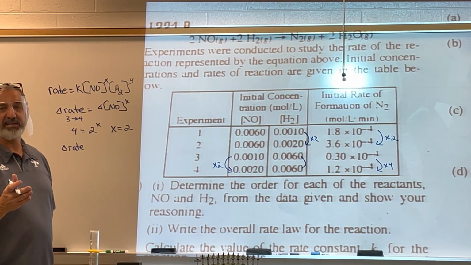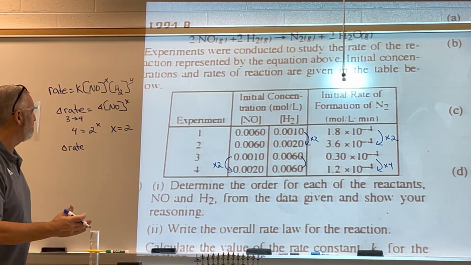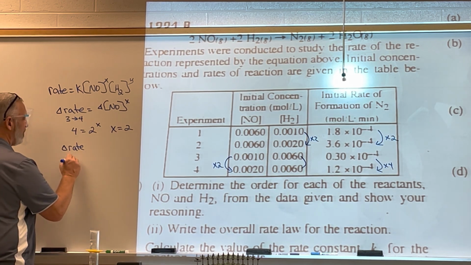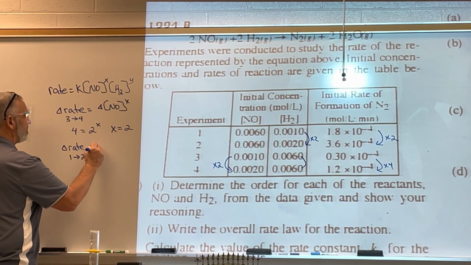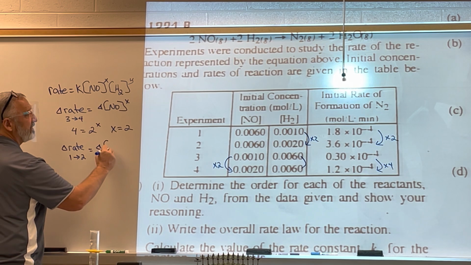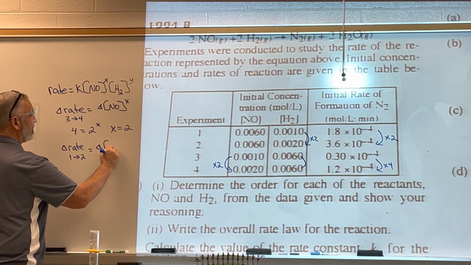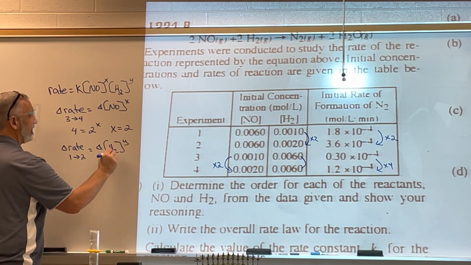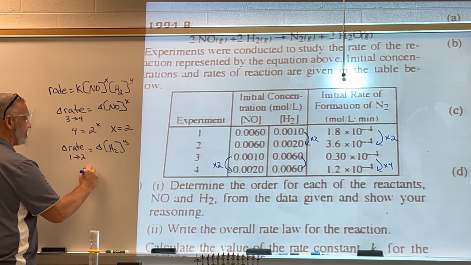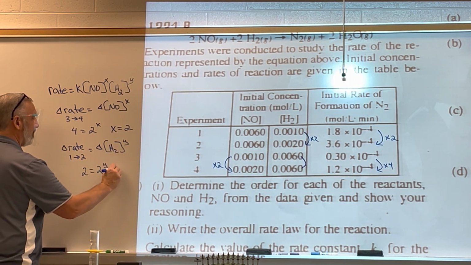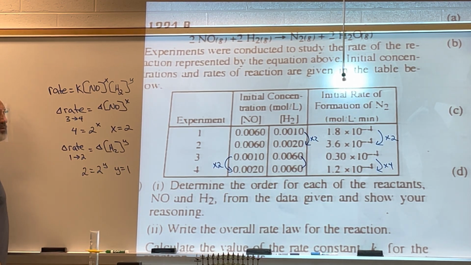Whenever the rate and concentration change the same, it's 1 to 1. But we're going to say 1 to 2 is equal to the change in the concentration of H2 to some power Y. So 2 is equal to 2 to the Y. Y obviously is equal to 1. Okay? So it doesn't take that much extra, but that explains what you're doing.